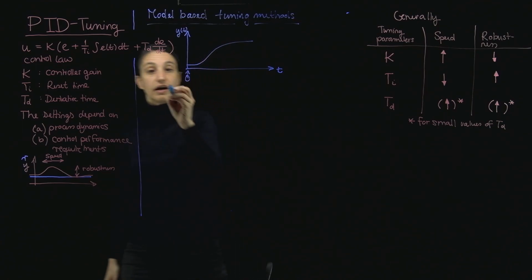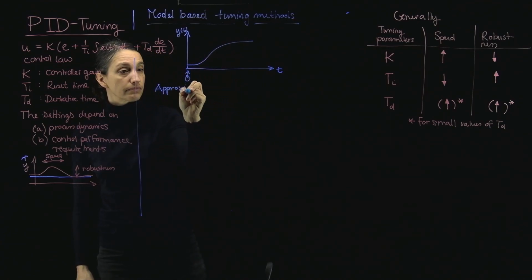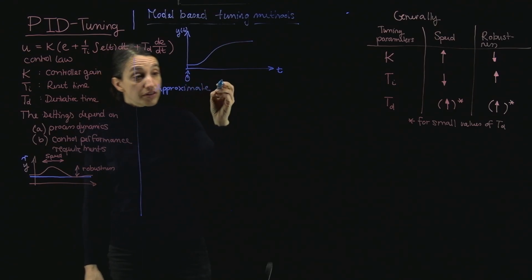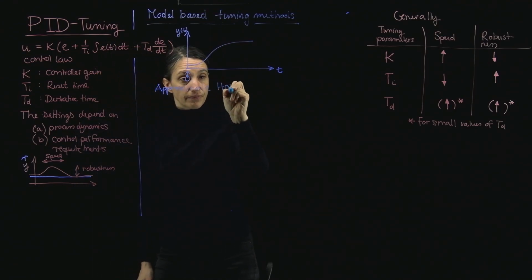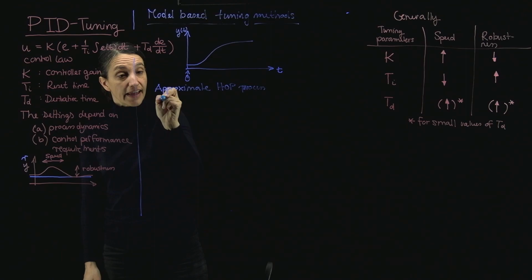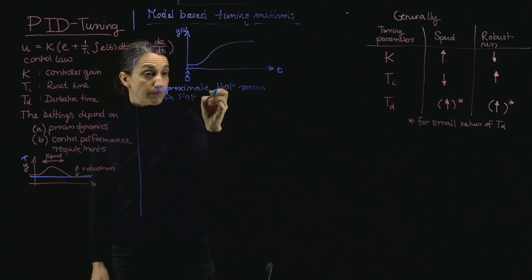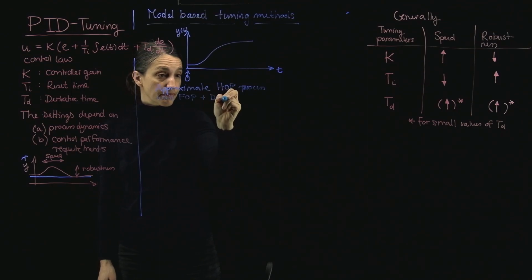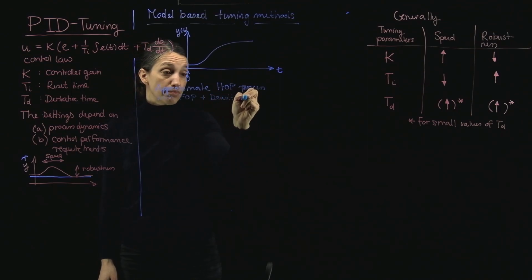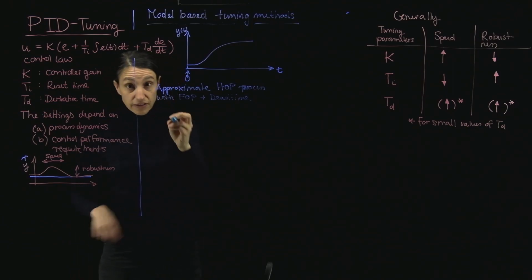So now we approximate this response, the higher order process, with a first order process plus dead time. So now you have to remember what we learned about first order processes' transfer function.